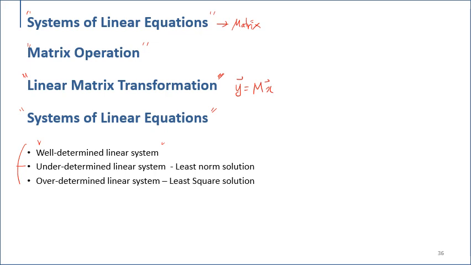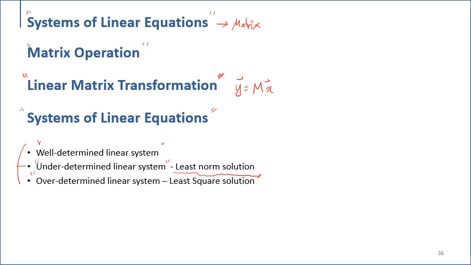The second case is underdetermined linear systems, where we don't have enough constraints compared to the number of variables. In order to solve this problem, we introduced a least norm solution.